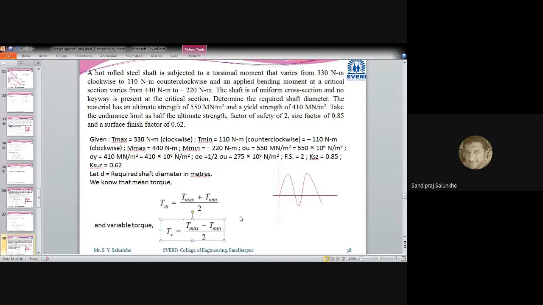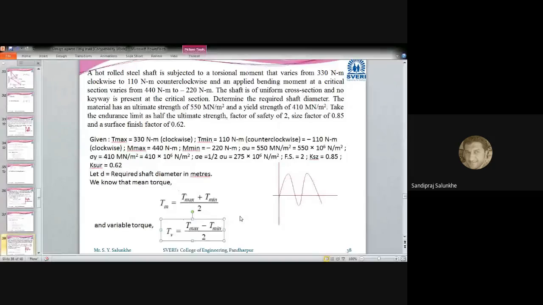Are you doing calculation? Sir, written in chat box. Yeah, it is written in chat box that 110 is the mean torque and variable torque is 220.